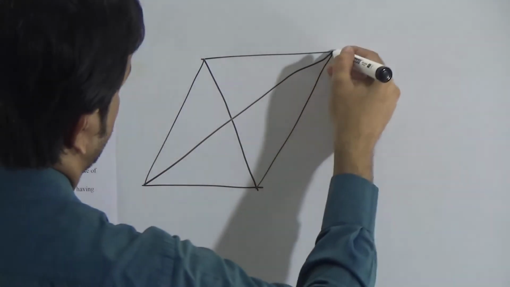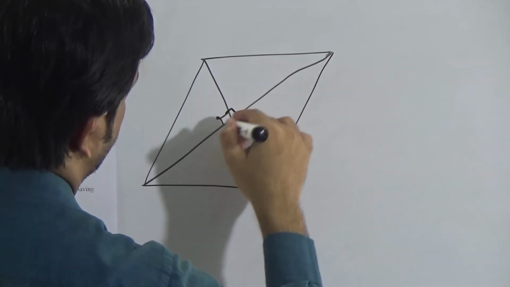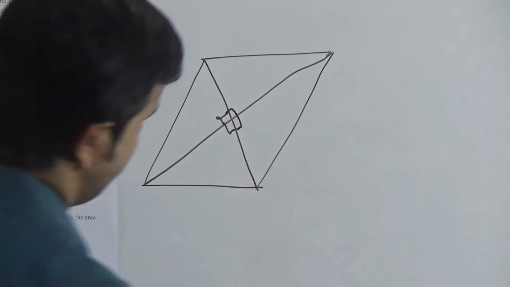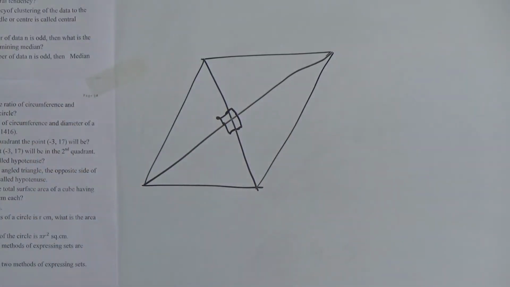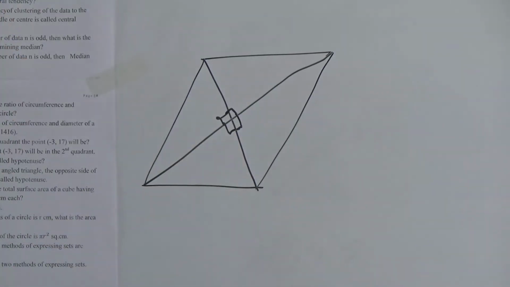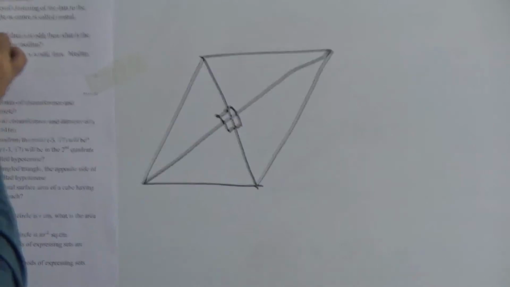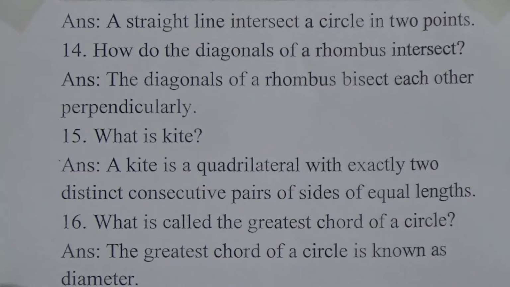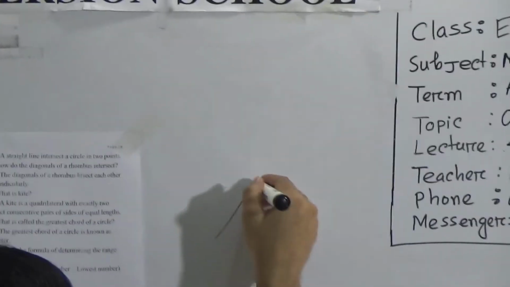We know these two diagonals of the rhombus bisect each other perpendicularly. It means that all the angles produced here are right angles. So we can say the diagonals of a rhombus bisect each other perpendicularly. What is a kite? Dear students, you know the kite. This is a quadrilateral.